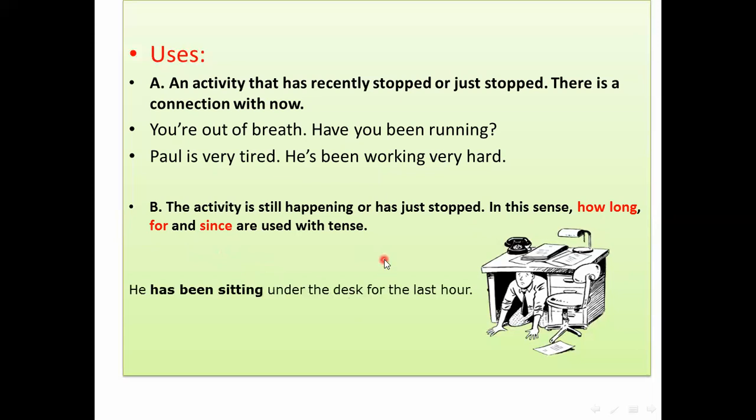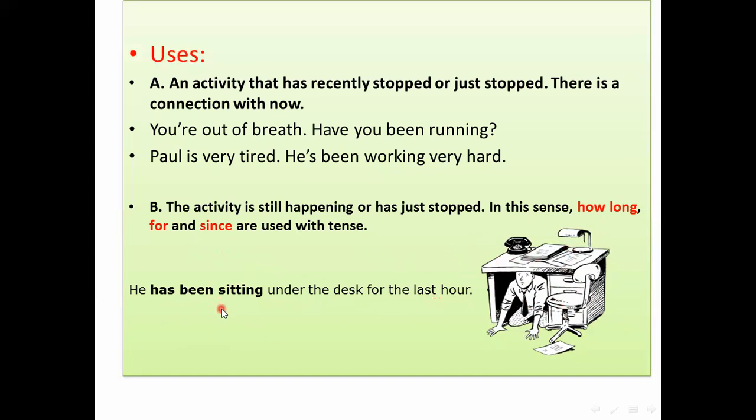Well, let's study this example. We've got here a picture. You see this person. He is sitting. He's hiding under the table or desk. So we can use the present perfect to talk about this situation. He has been sitting under the desk for the last hour.